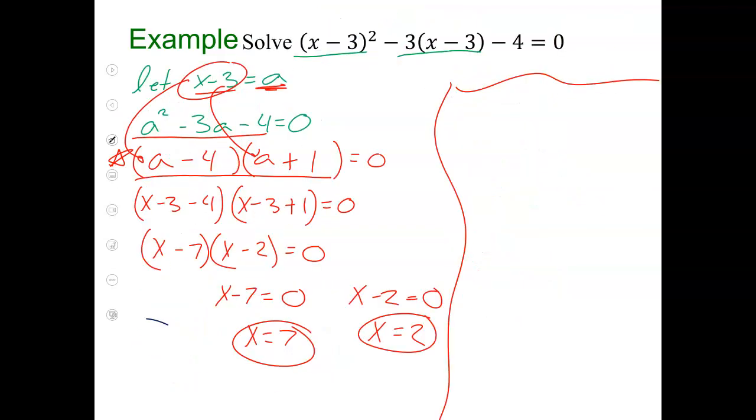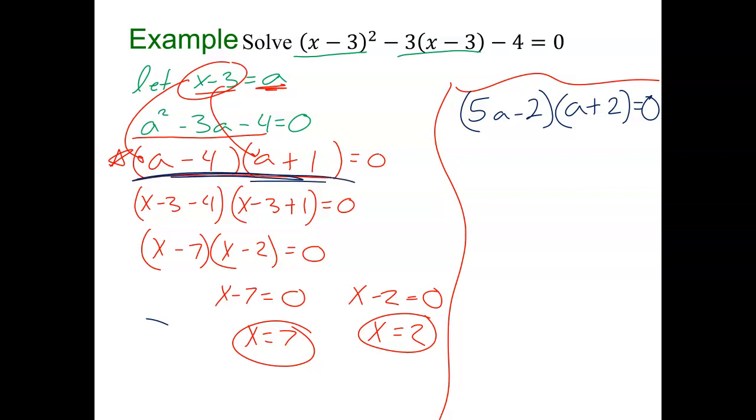Okay, so we have 5a minus 2 and a plus 2. We're taking this and pretending that's what we had here, and then we're going backwards, and I need to substitute this back in. Be really, really careful because you've got that multiplication. You have 5 times that value.